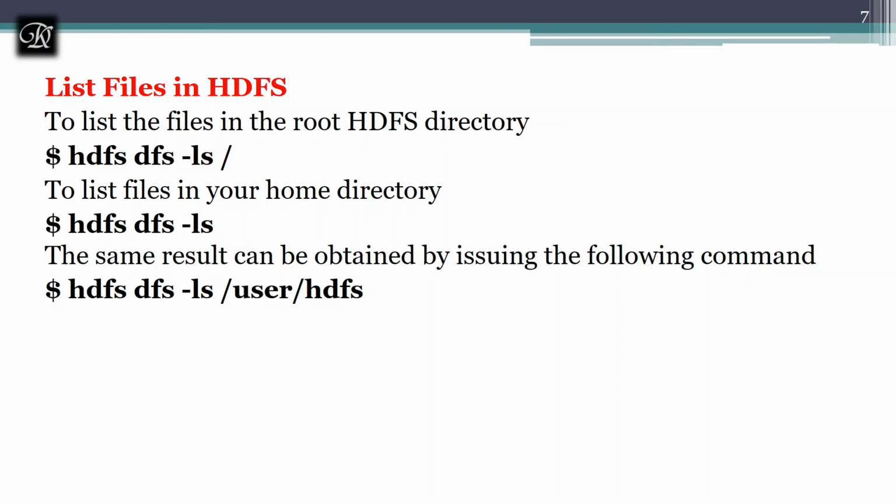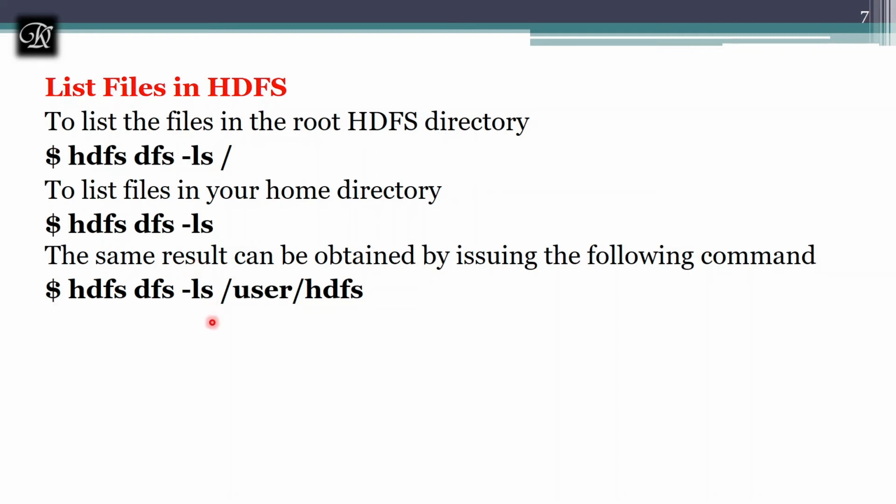When you specify this slash, you know what it is: the root directory. It is going to list out all the content of the Hadoop home directory. It is not your home directory; it is the Hadoop home directory. Next, hdfs dfs -ls is going to display the content of an HDFS directory.